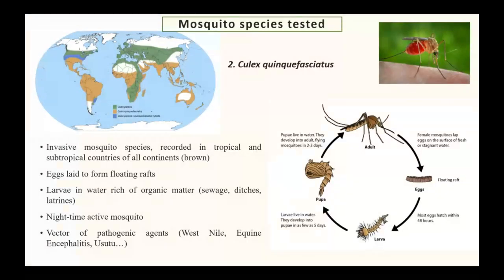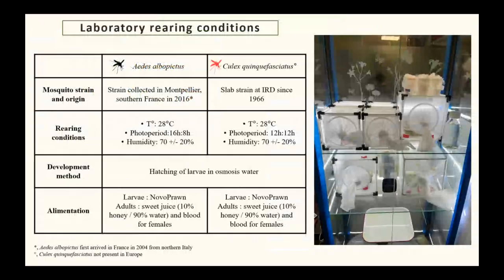For the time of activity, it's only night time, and it can be vector of pathogenic agents both for human and animals, such as West Nile, that can touch human, but also birds and horses, or Usutu virus and encephalitis, for example. We decided to rear these mosquitoes at our lab.